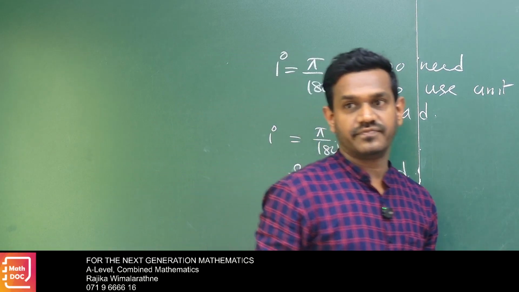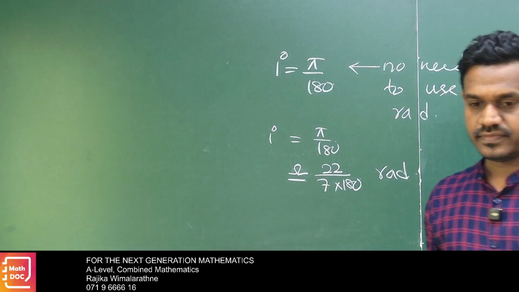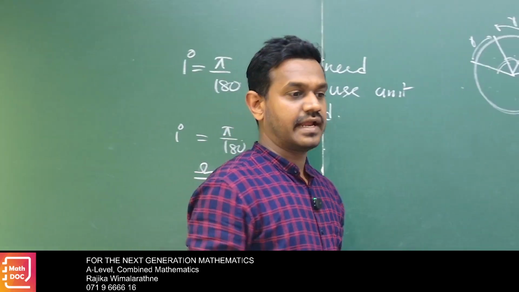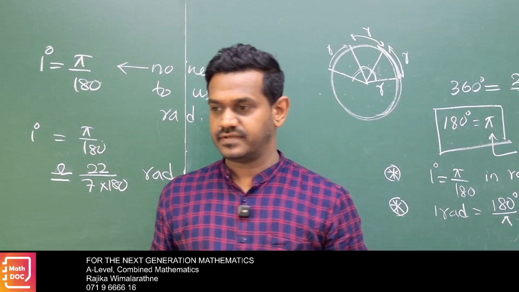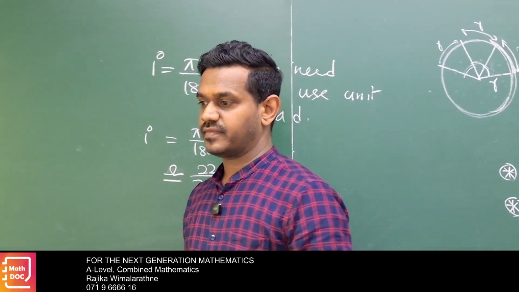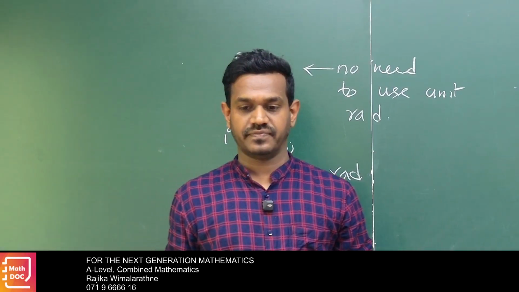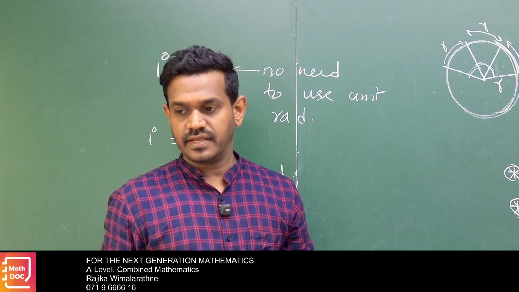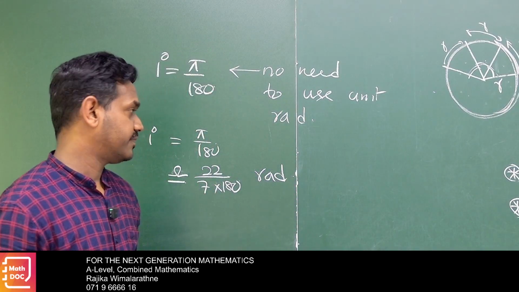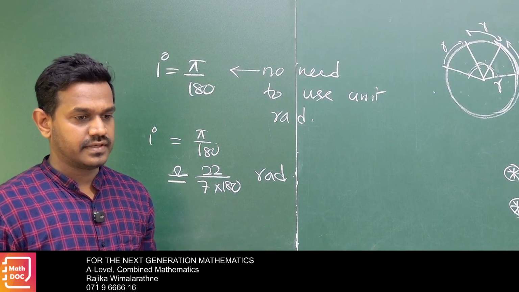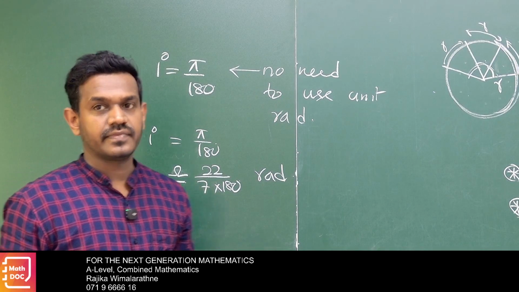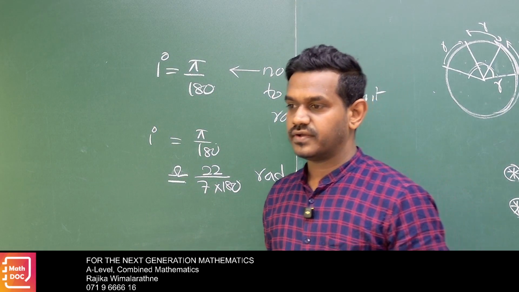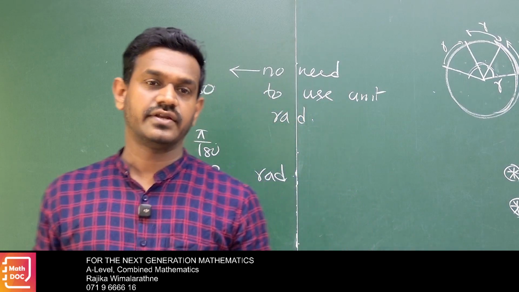With a star mark, write down: a radian angle can be written in terms of pi. For such a case, no need to use a unit.